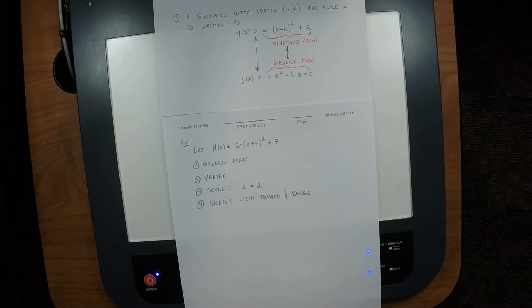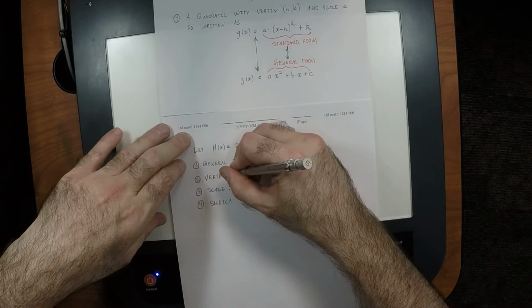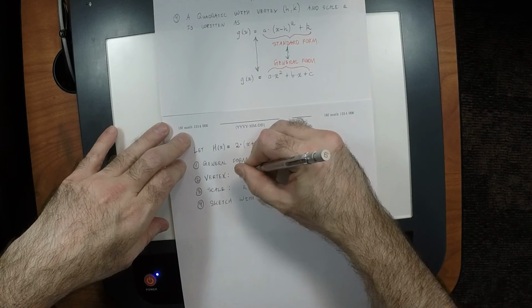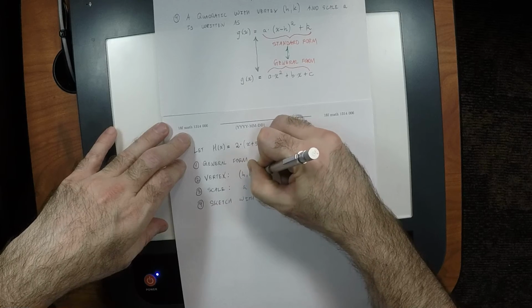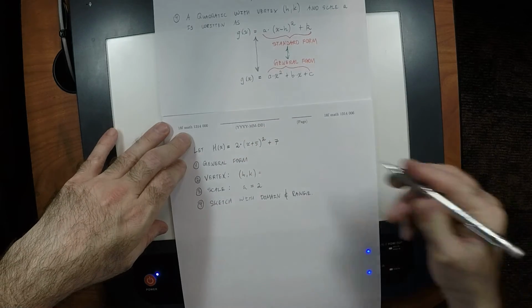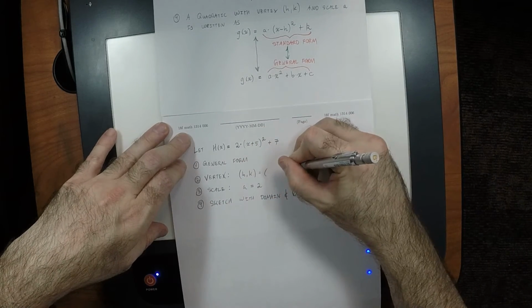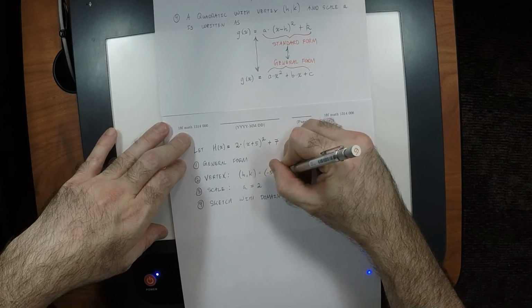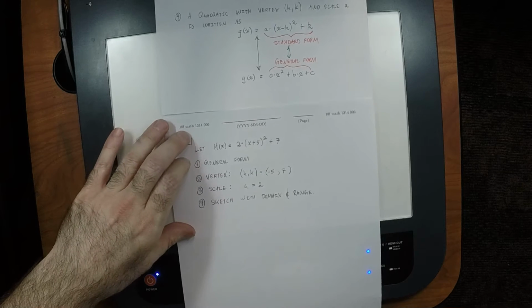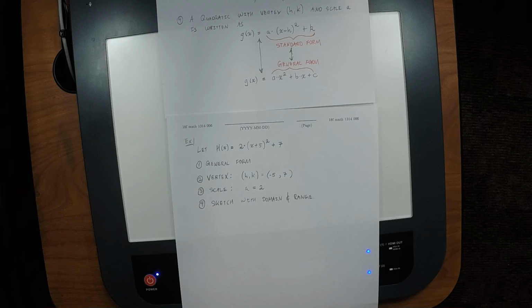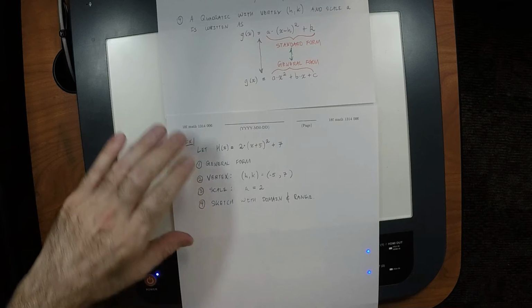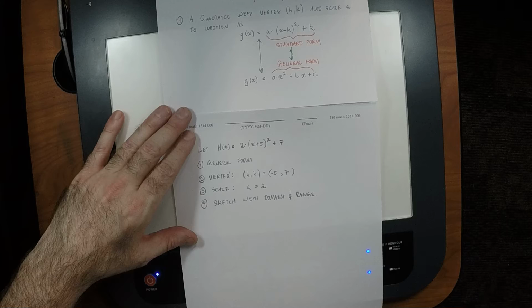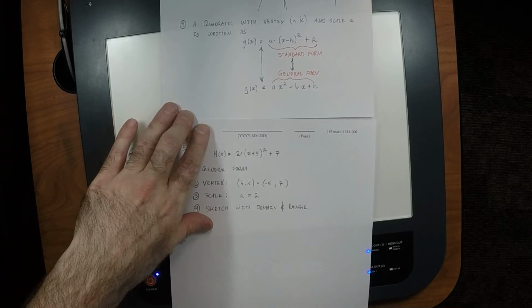Okay. Similarly, the vertex, you should just be able to read it off for me. So h, k is what? So it's not 5, 7. It's -5, positive 7. And if that's giving you brain cramps, it's okay. Anything inside the parentheses is going to be the opposite of the sign in the parentheses.